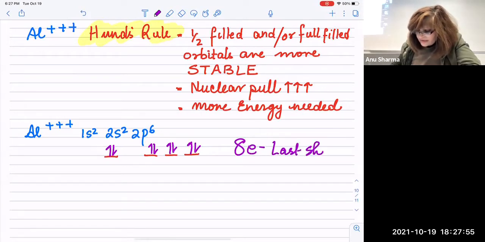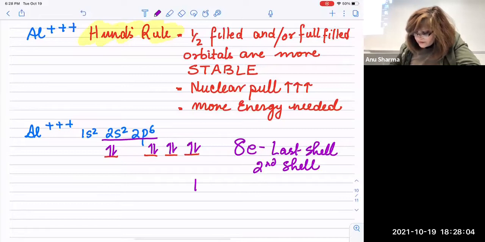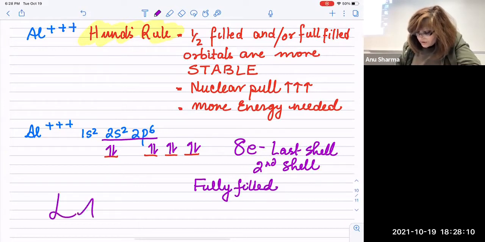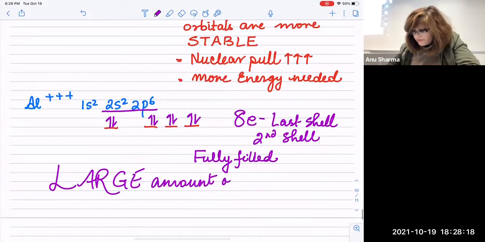The last shell is the second shell, okay? And it's very difficult. This is 8 electrons, fully filled. Each of the orbitals is fully filled. So you need to give a large amount of energy to break that stability.